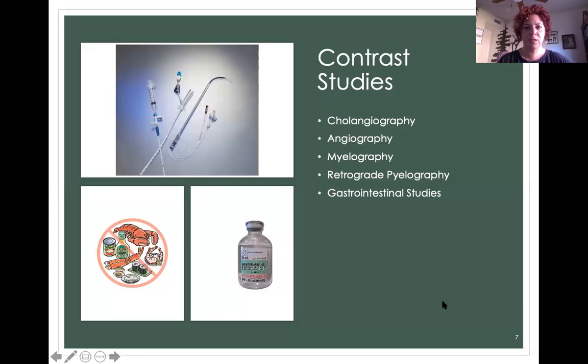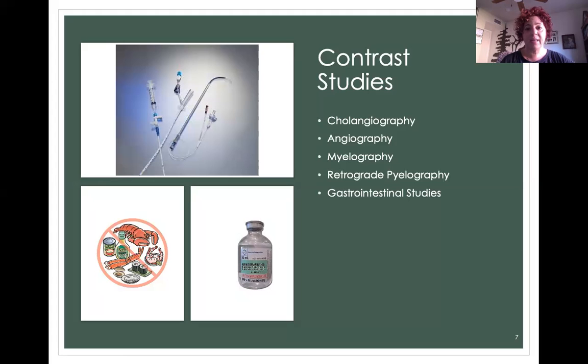Contrast studies. So when we do contrast studies, which we've talked about in the past, some of the structures of our body, like you already talked about, we can't see on X-ray. So to get them to show up, whether we're looking at the GI tract or the biliary tree, vessels, those kinds of things, contrast may be ordered so that we can view those things.